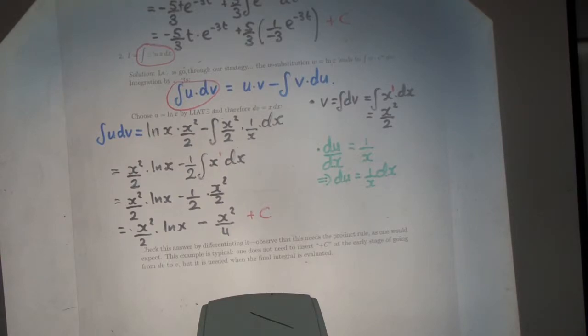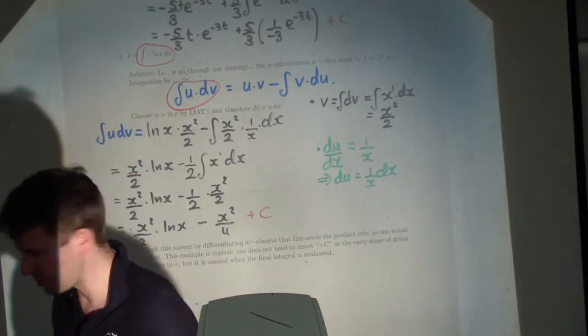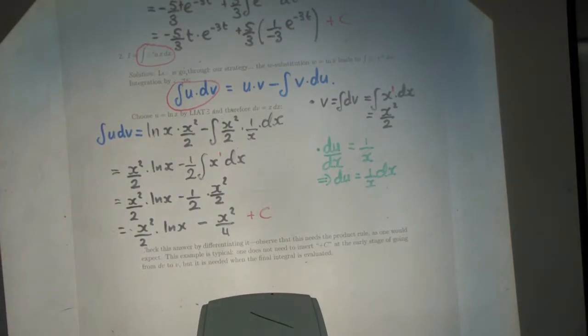Where did you get the half? And this one. Okay, so there's kind of a quick way and a slightly longer way. So the long way is something like this.